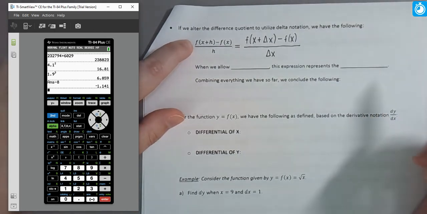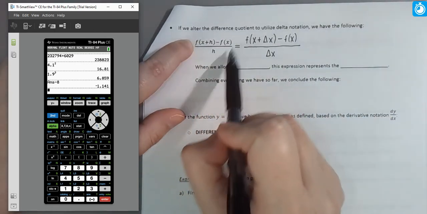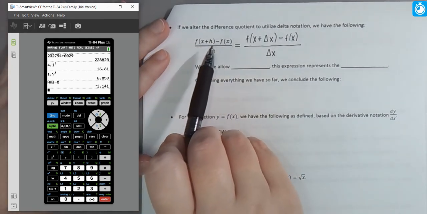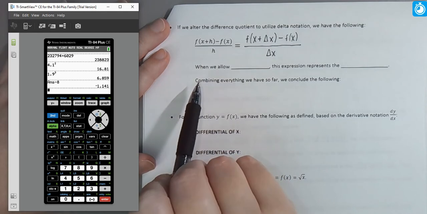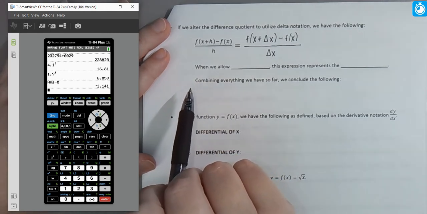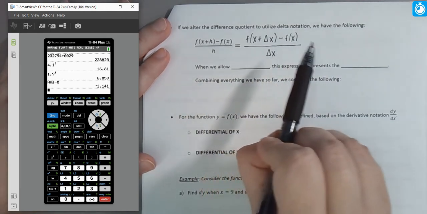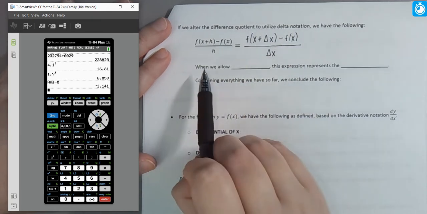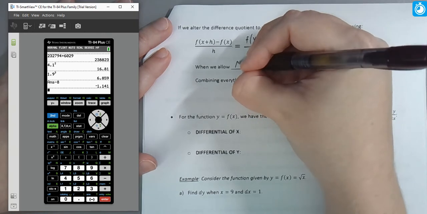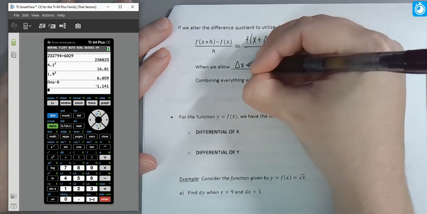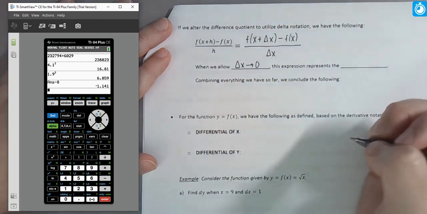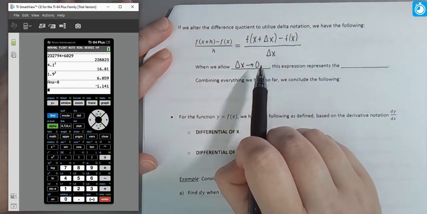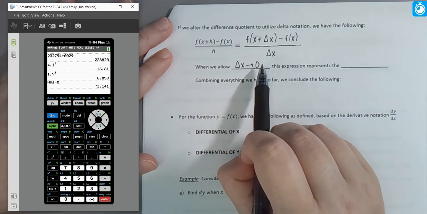Now, the difference quotient we originally defined in order to define the derivative. So remember, if we were to take the limit of this expression as h goes to 0, we evaluate the derivative. Well, if we're changing the notation but applying the same principle, when we allow our denominator in this case, which is delta x, to approach 0, in other words, we're looking at the distance between the two x values, the change in x to go from one to another.